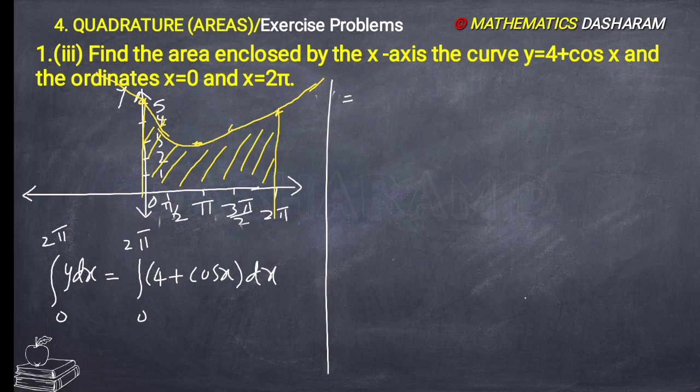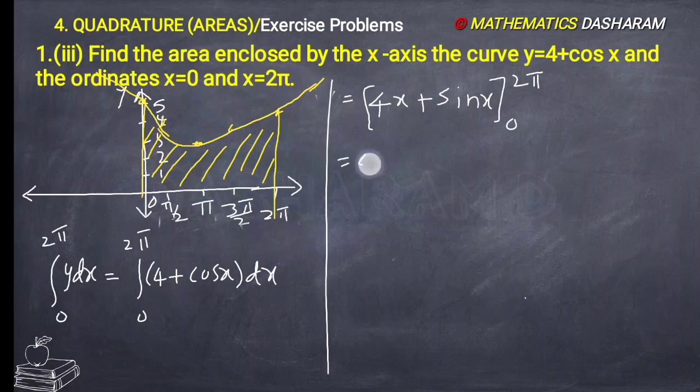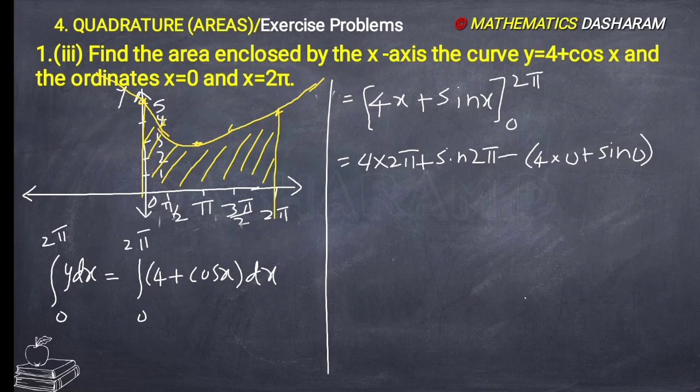Now it equals the integration of 4 is 4x, plus the integration of cos x is sin x, and apply the limits 0 to 2 pi. So 4 into 2 pi plus sin 2 pi minus 4 into 0 plus sin 0.